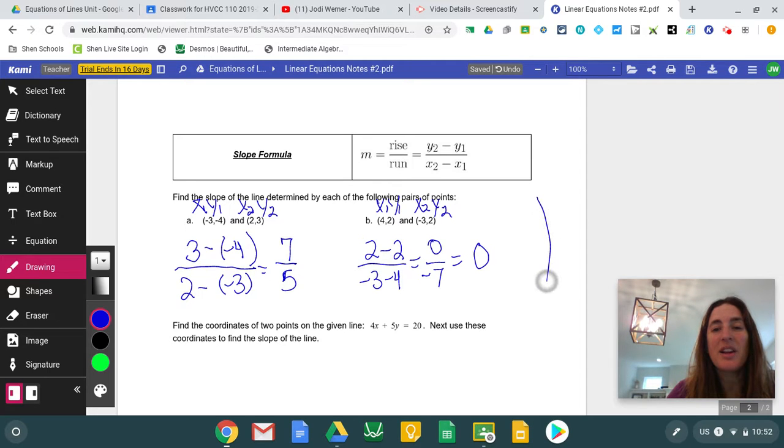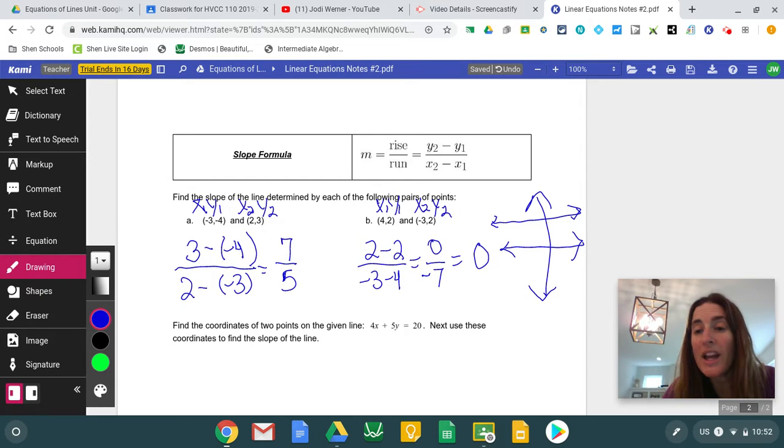Guess what? If you have a slope of 0, look at my nice axes I drew, you are going straight across. You are a horizontal line, like the line y = 3 or y = -5. Because they're horizontal, they're not rising any, but they are running a lot. So their slope is 0.